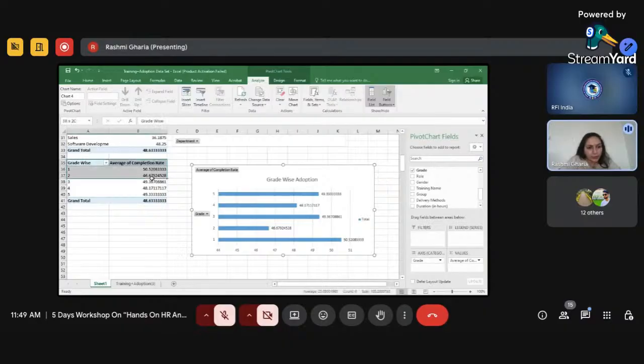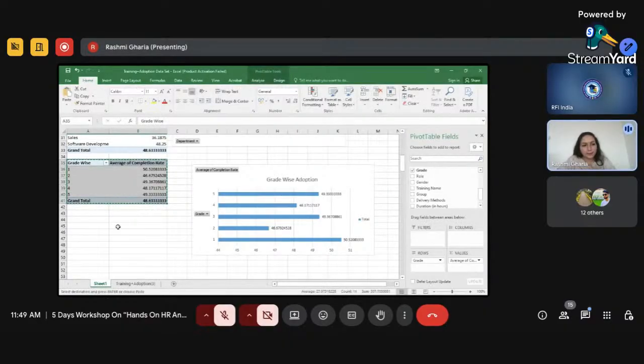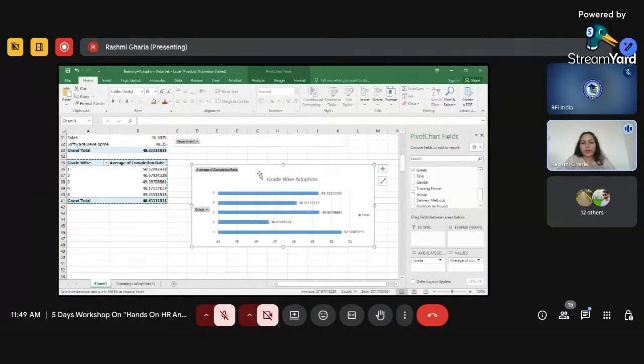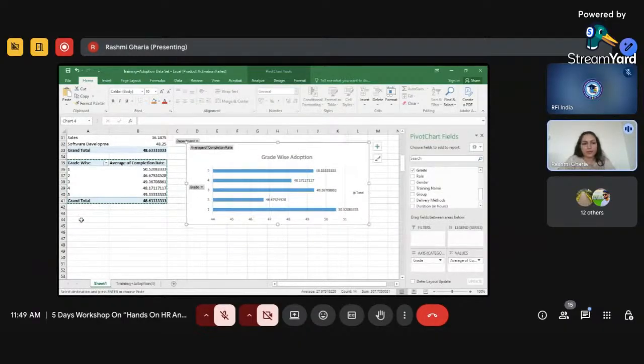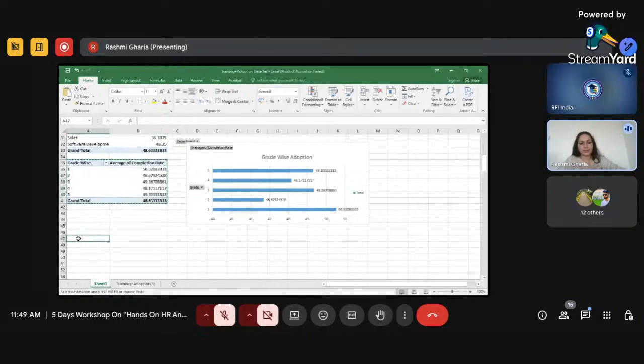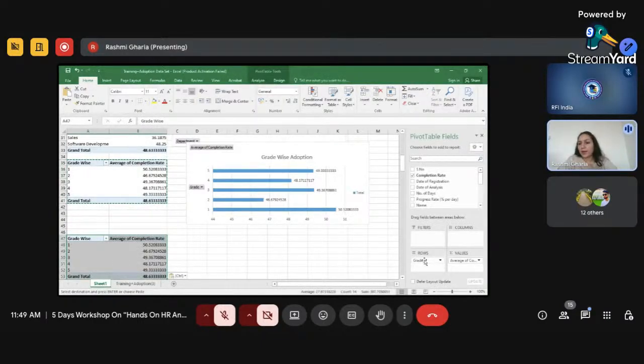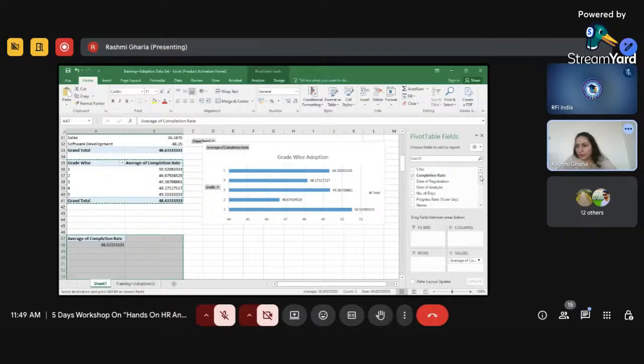Now we will be moving towards the next variable. If you want, you can create a dashboard also together with this. Just copy these graphs and paste them on another sheet, right? Now I'm going to this role.